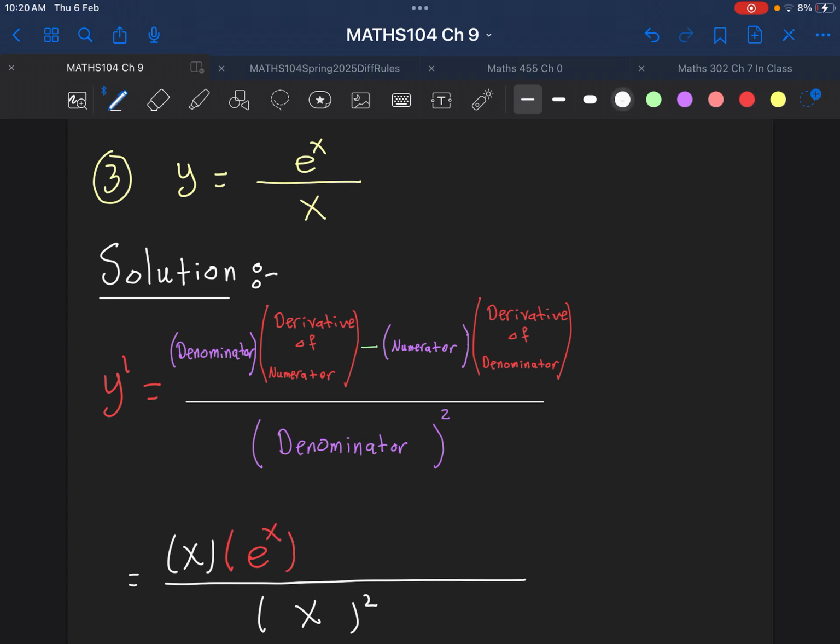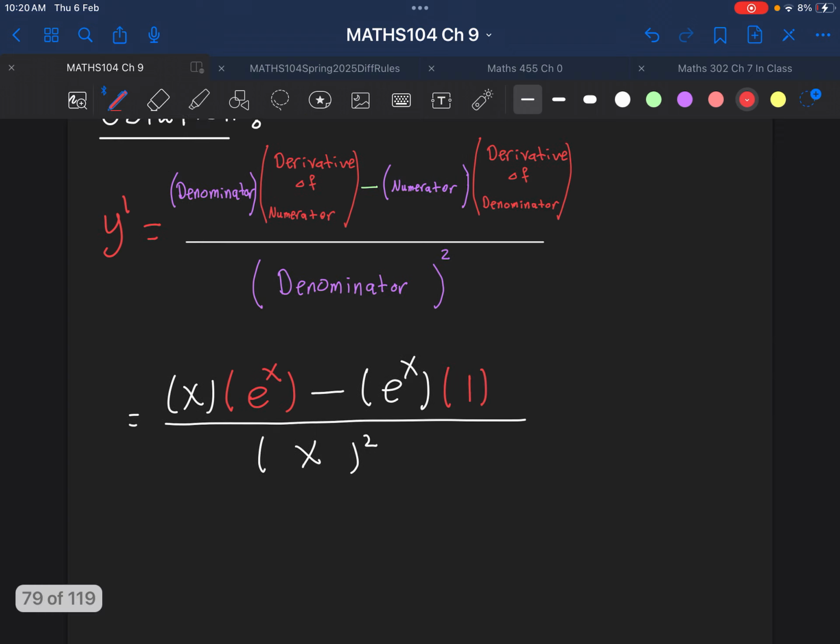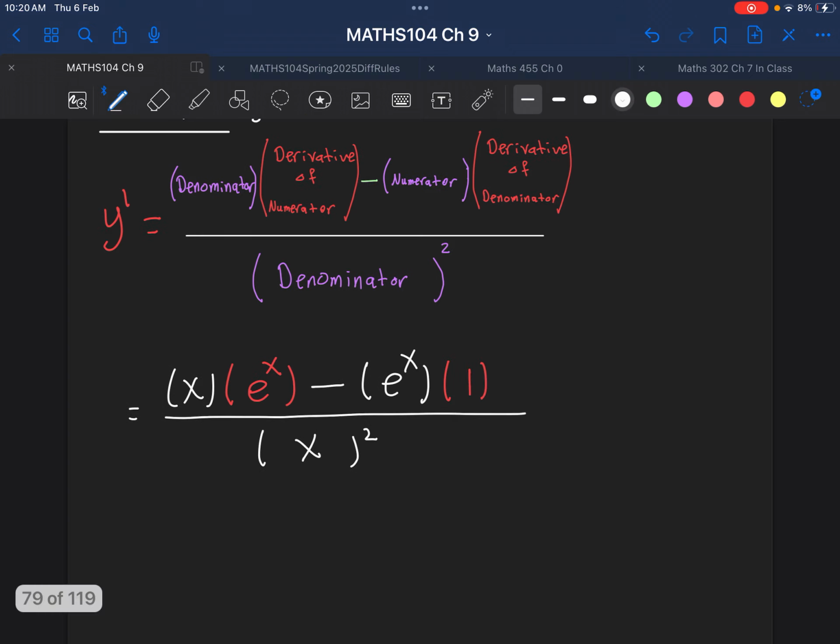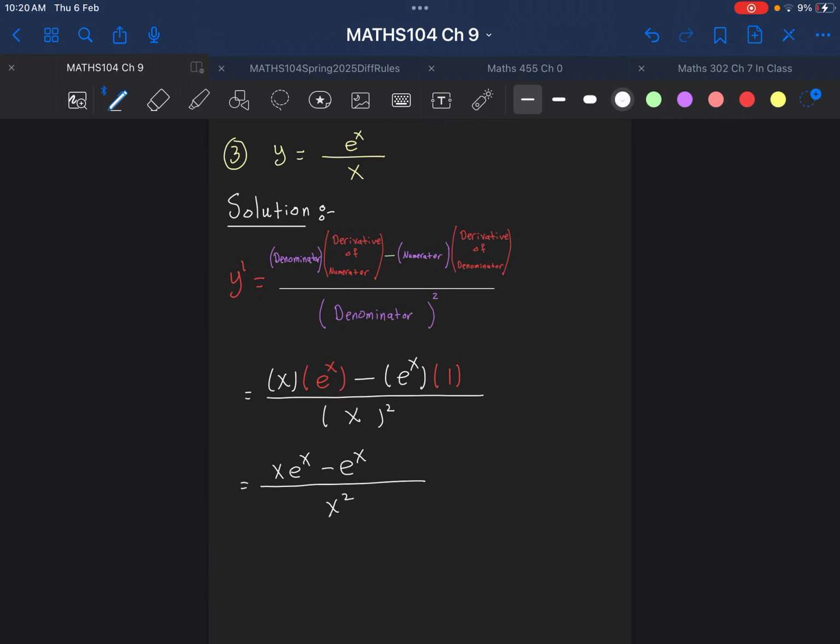Denominator times the derivative of the numerator, which is e to the power x, minus the numerator, which is e to the x, times the derivative of the denominator, which is just 1, because the derivative of x is just 1. We can simplify it only one step. Here we have x squared, here we have e^x minus e^x. And that's the final answer for this question.